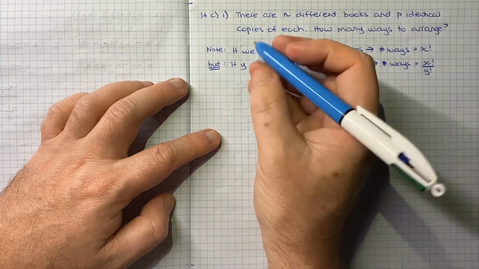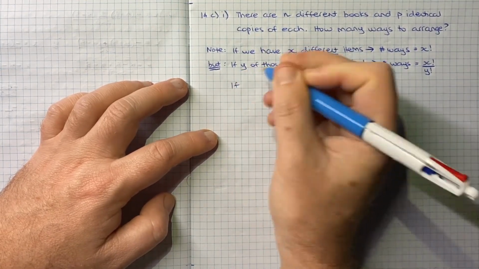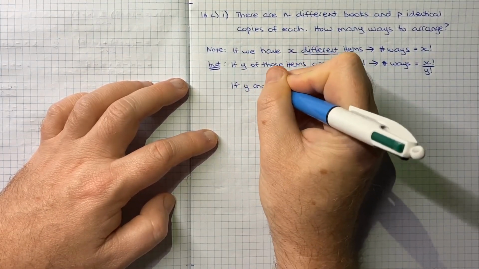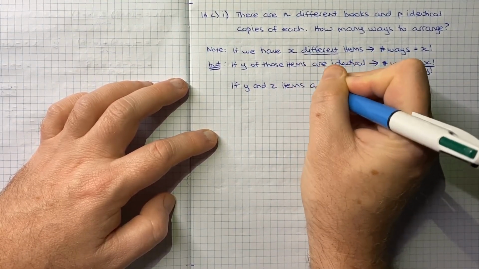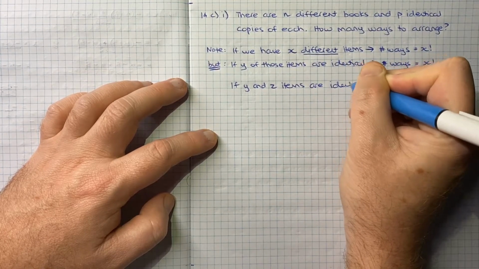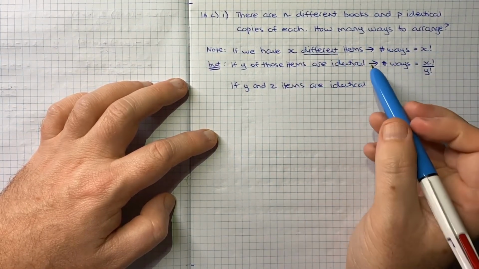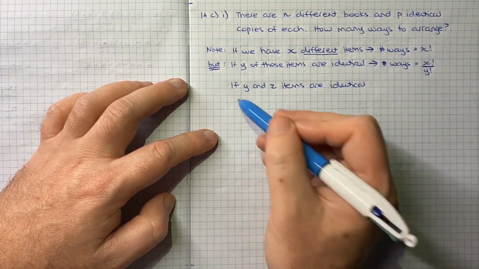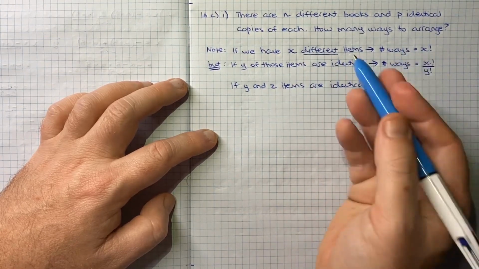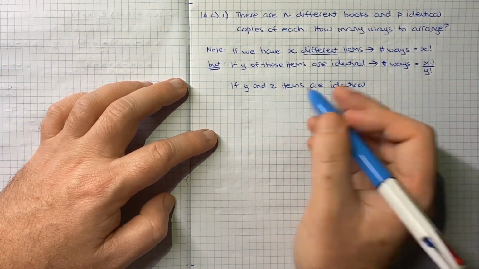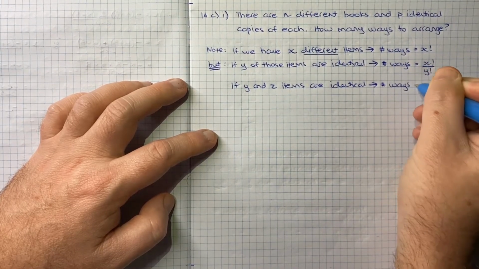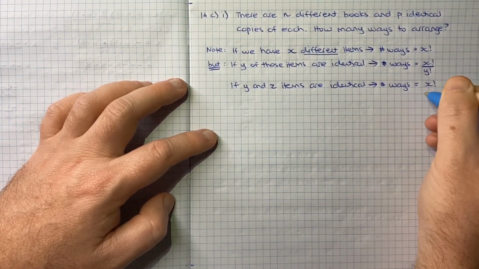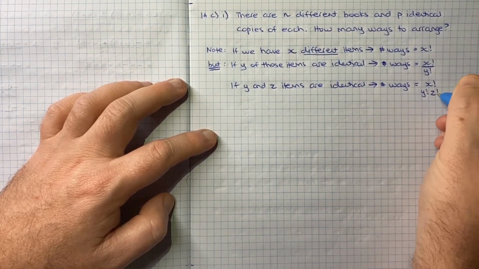Now, let's say y and z items are identical, so we've got x items in total, and out of those you've got y that are the same and then z that are a different type of thing but the same. Then the number of ways you'd have there would be equal to x factorial on y factorial z factorial.